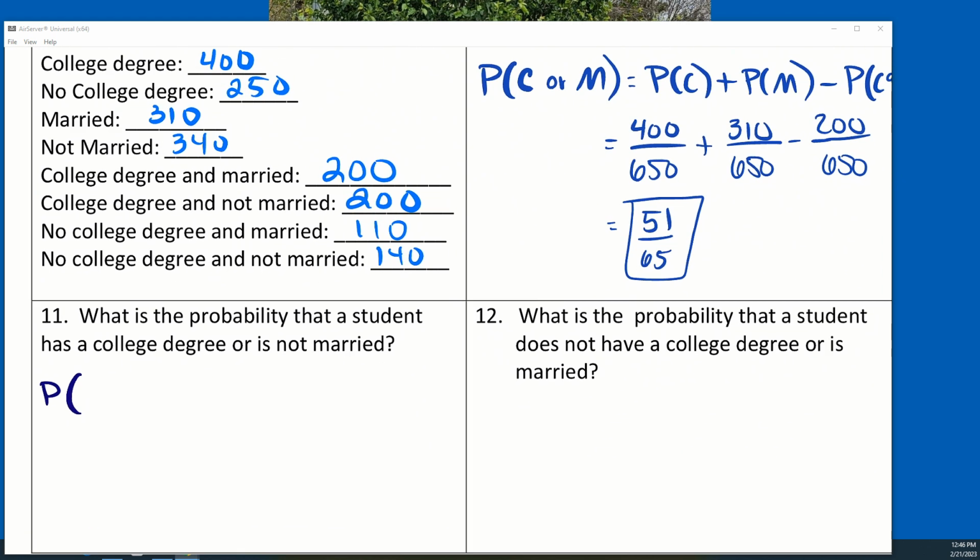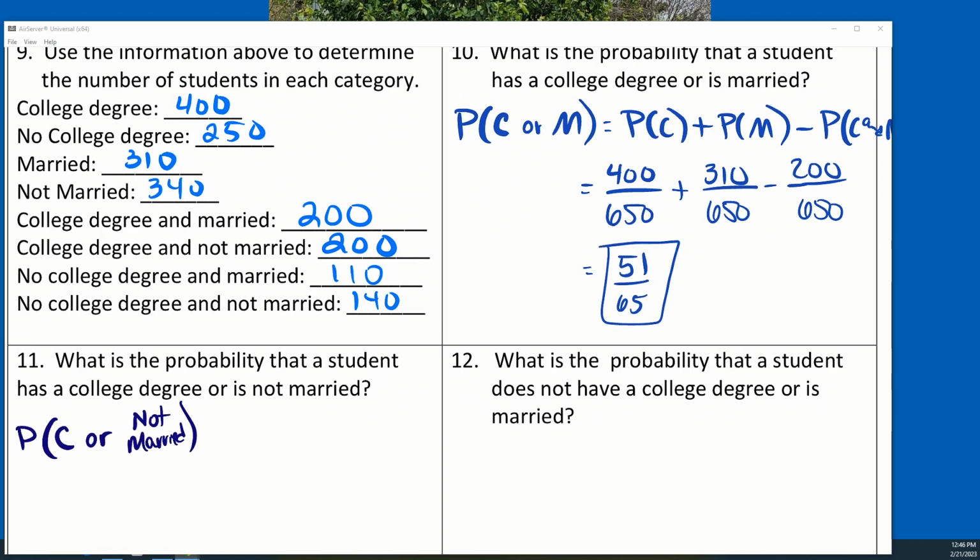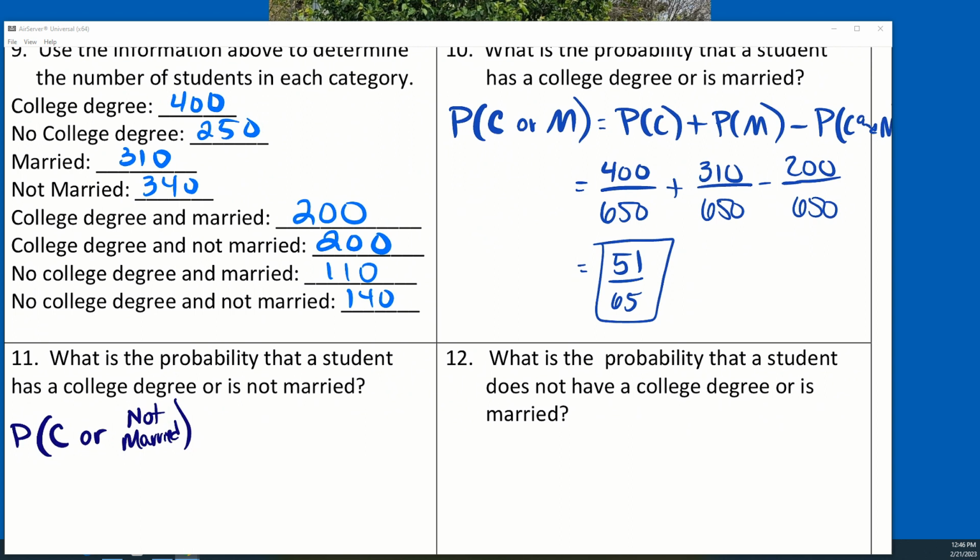For 11, we want the probability of a college degree or not married. If it's 510, you just put the first two numbers, 510 over 650. Yeah, so the zero cancels out.